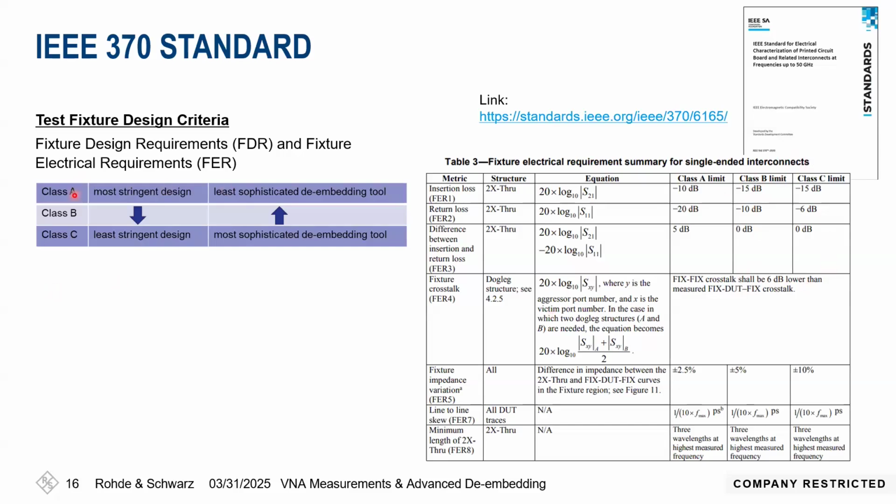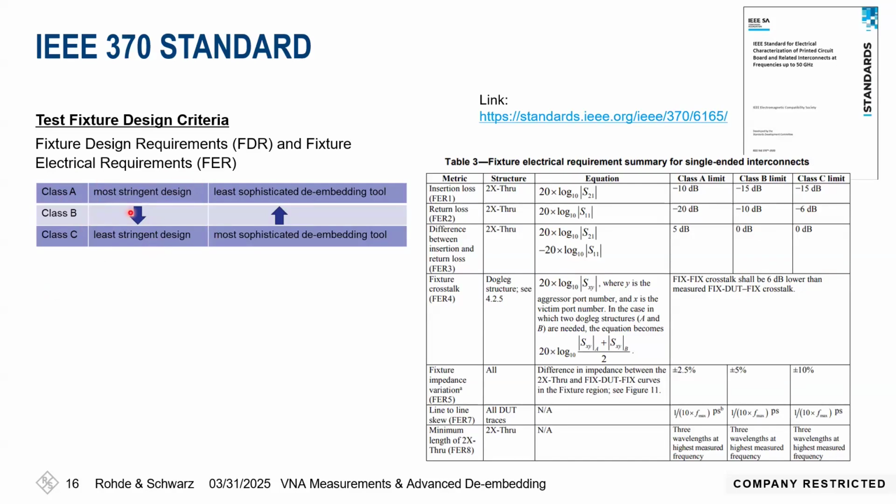So we classify: class A has the most stringent design requirements, class B is in between class A and class C, and class C has the least stringent design requirements. So these classes come into play when we talk about the coupons.